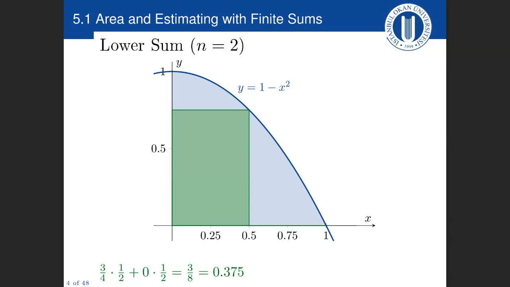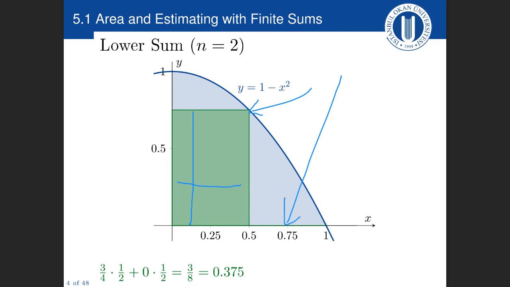We could choose our rectangles so that the rectangles are always inside the region R. There's 2 rectangles here. The first rectangle has width a half and height 3/4, because now the right-hand edge is on the graph. And there's actually another rectangle down here.